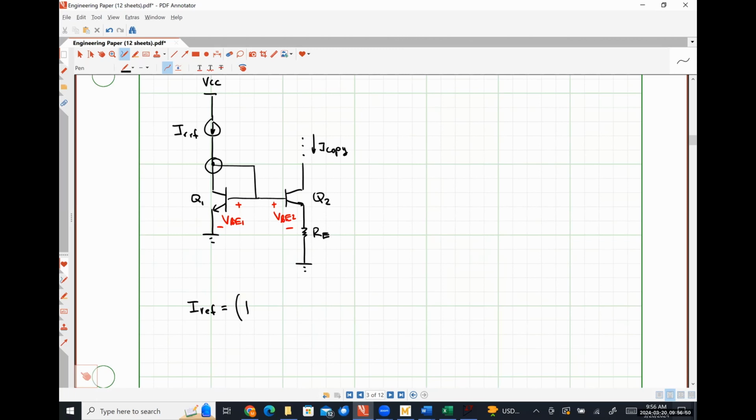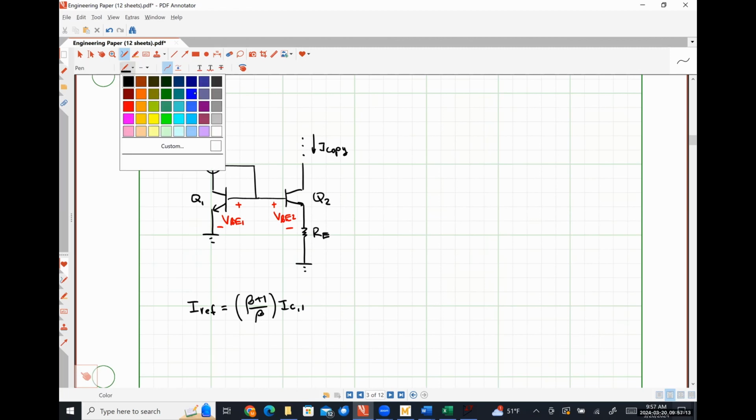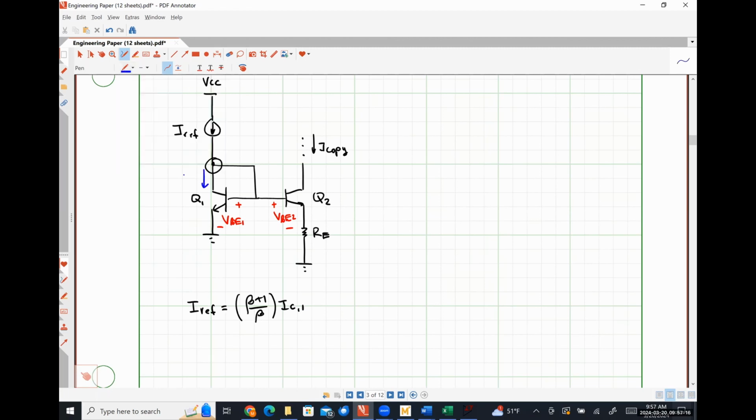And so that's going to look like beta plus 1 over beta of the collector current of transistor 1. Are we okay with that? Nobody's saying they're not. So let me spell some things out here explicitly. So here's the current IC1.